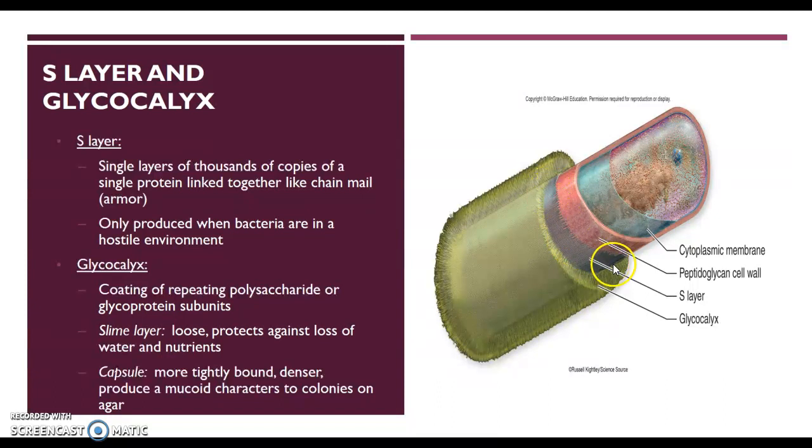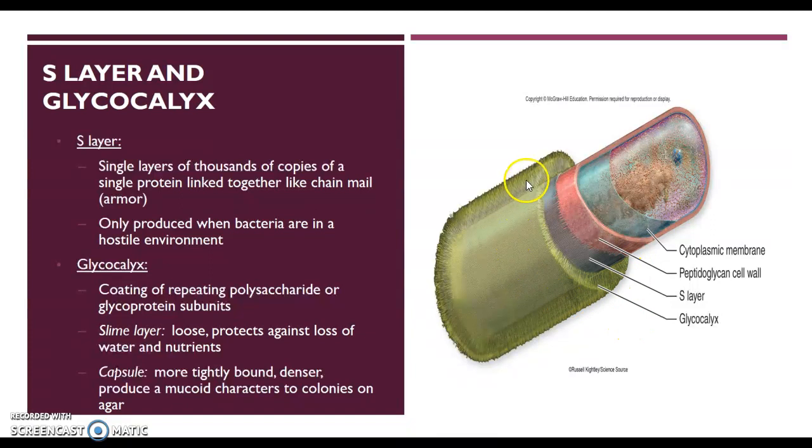S layers are produced in organisms that inhabit particularly hostile environments where temperature is high, or there's a very acidic pH, where the organism needs additional protection from its environment.